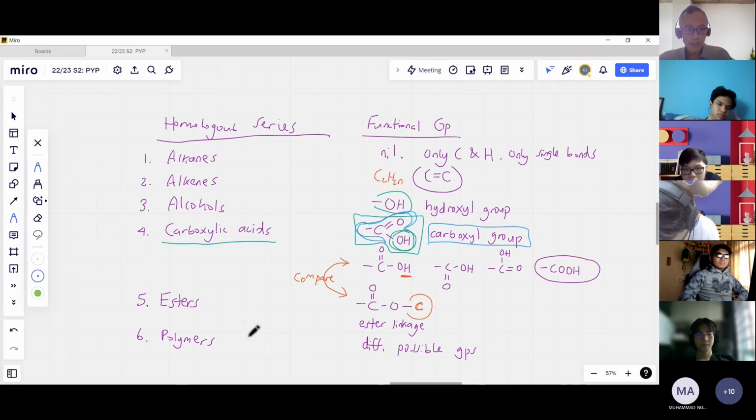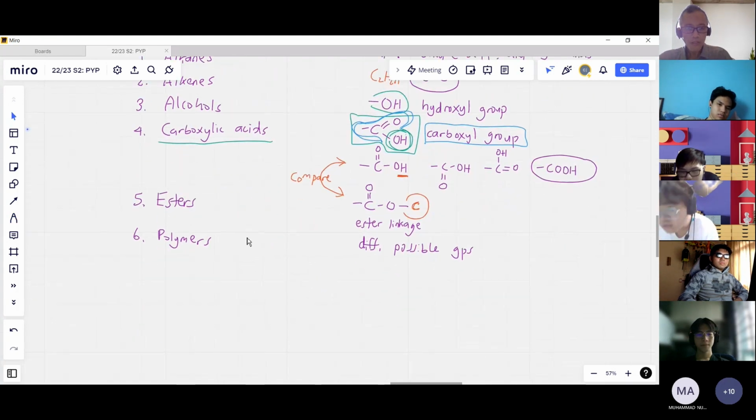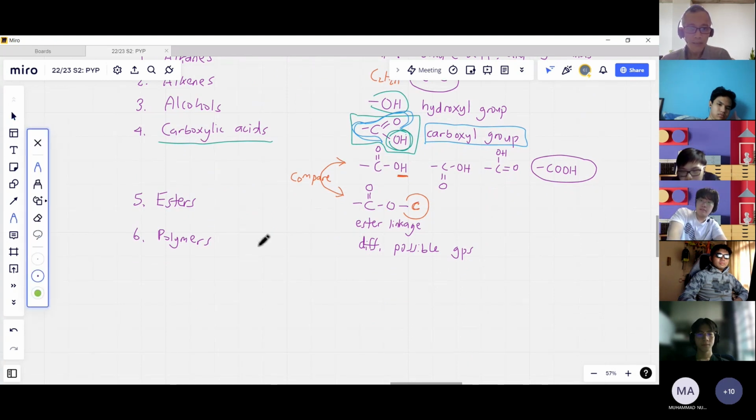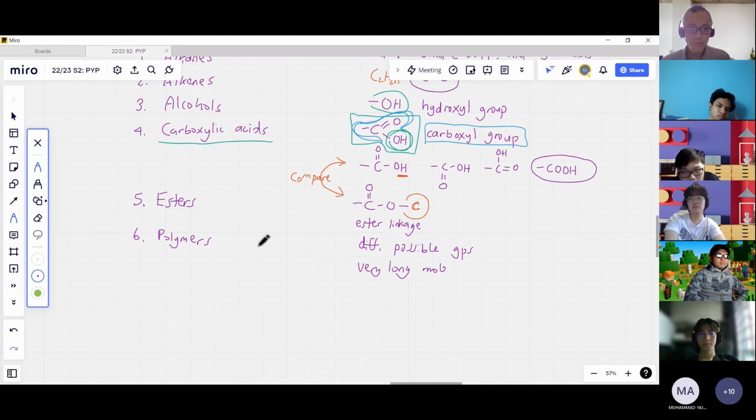So what are polymers? I'll just give you a very short description of polymers. So basically polymers are very big molecules. Okay, let me rephrase it. Instead of using big, I would say they are very long molecules.